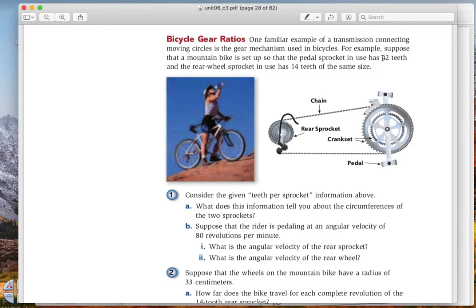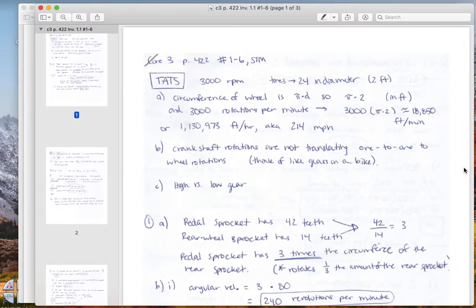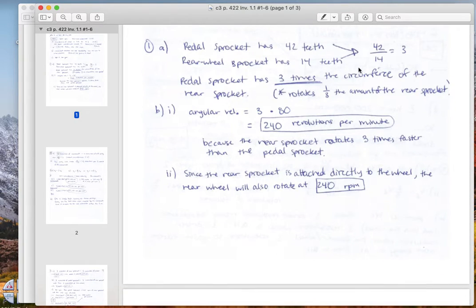Well, if it takes 42 teeth to do one revolution for the pedal sprocket, and it takes 14 teeth to do one revolution for the rear sprocket, if you did 42 divided by 14, you get 3. And that is what I did right here.